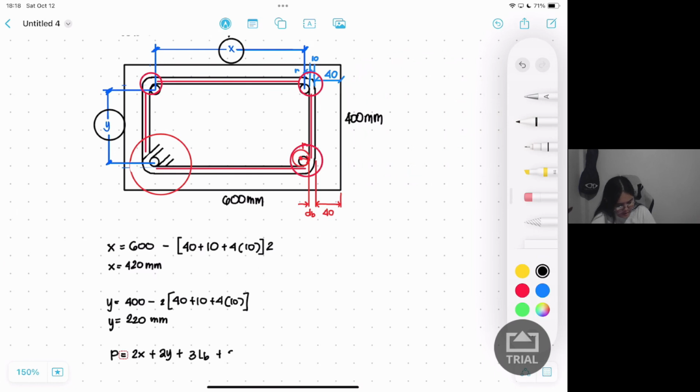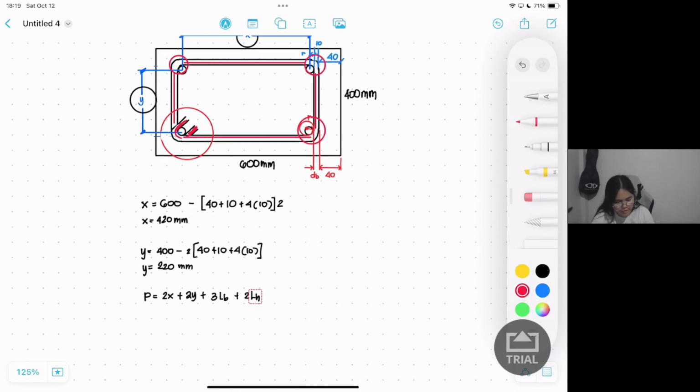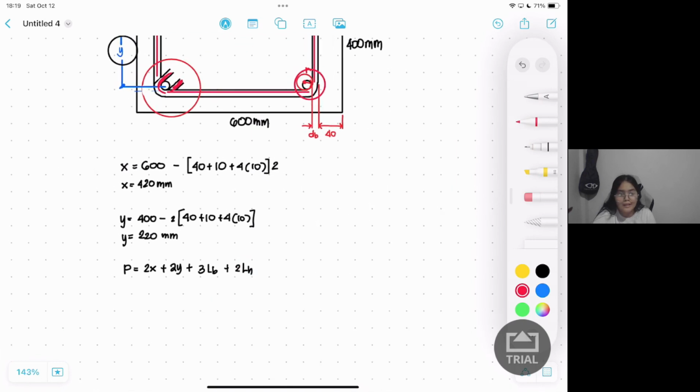Pero, i-multiply natin ngayon yun sa 2. Kasi yung 135 degrees, nag-overlap yan. Ito siya. Ito, merong isa dito. Then, merong isa dito sa likod niya. Okay? So, that is the formula of the length ng ating transverse reinforcement.